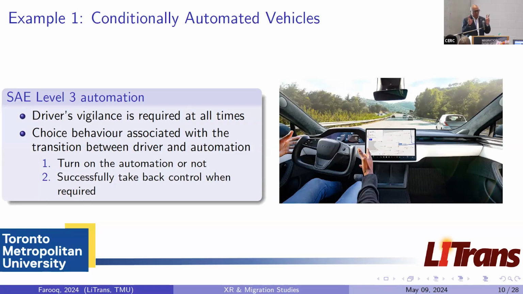They are called SAE Level 3 automation, Society of Automotive Engineers Level 3 automation, and these range from level 0 to level 5. Level 5 would be a complete automation, where all the tasks can be done by the AI in the vehicle itself. But in Level 3, generally the AI can do all the tasks, but you need to stay alert and take back control in situations where the AI is not able to figure out what is happening.